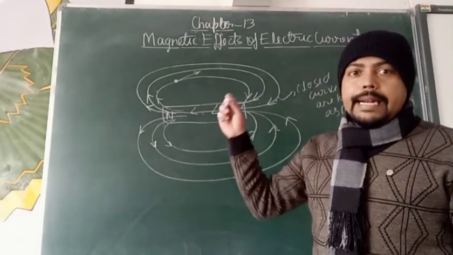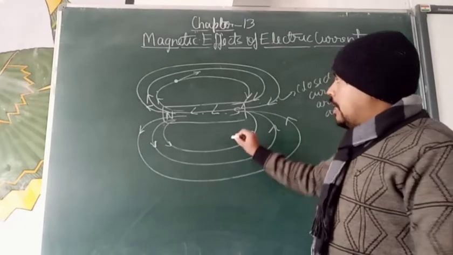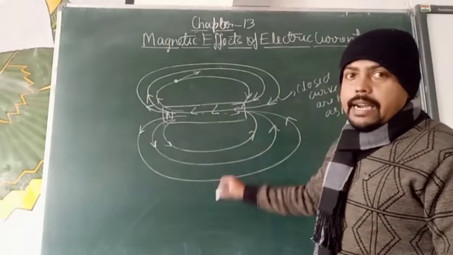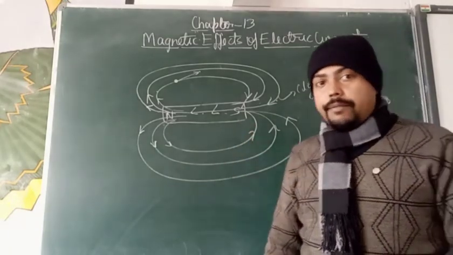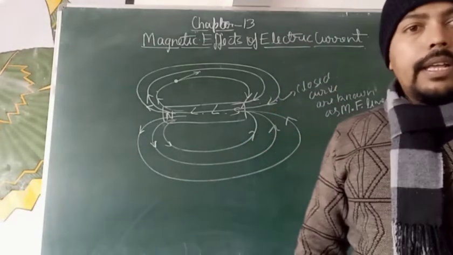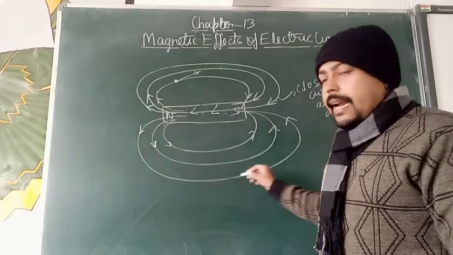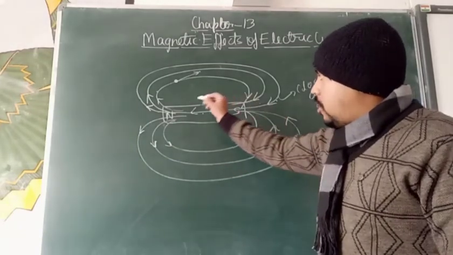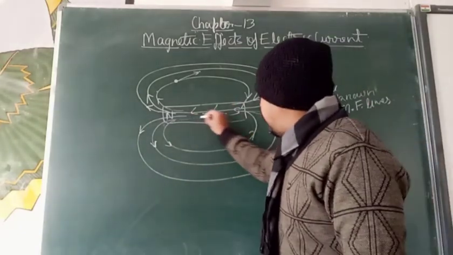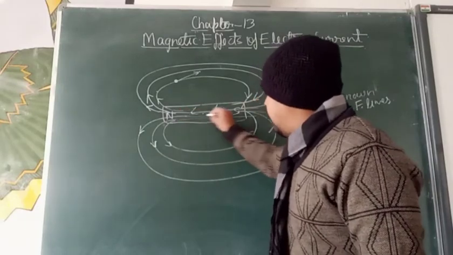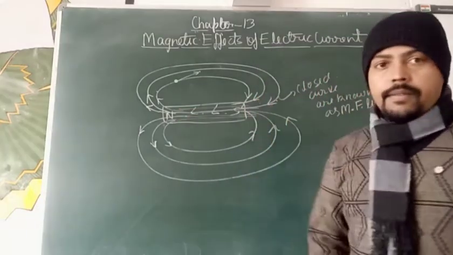So to get the direction of the magnetic field, it is very important that we understand the picturization of magnetic field lines. They are the curves which you can see, which originate from the north end and end towards the south, and they are closed.